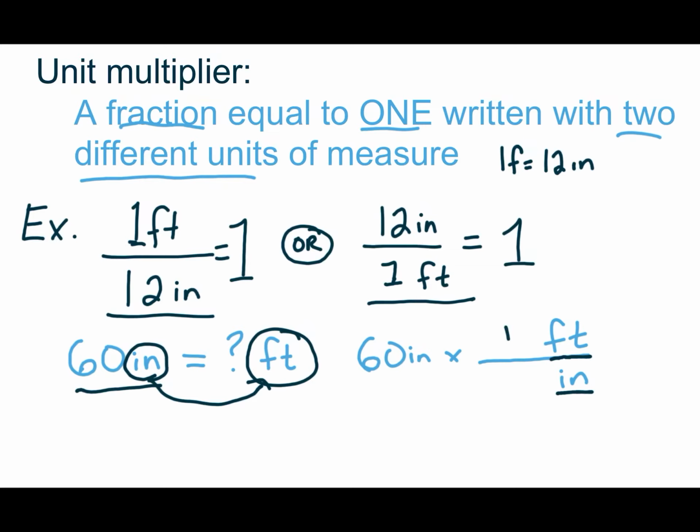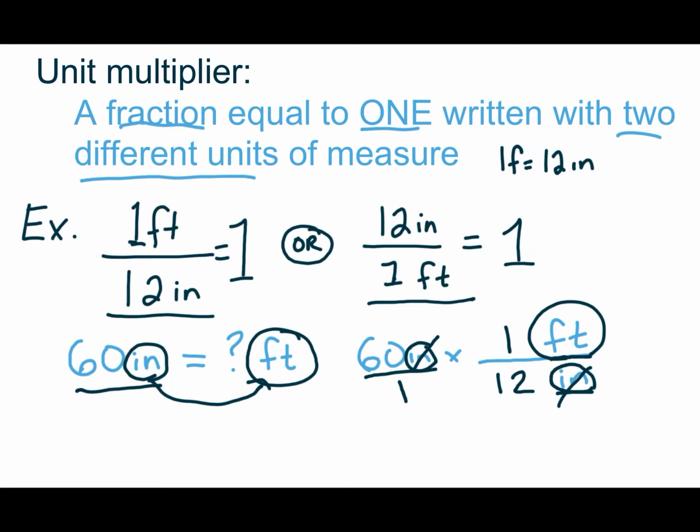So I have 1 foot is equal to 12 inches. Now, if I put this over 1, I have inches in the numerator here and inches in the denominator here. These can cancel each other out, and so I'm just left with my unit of feet.